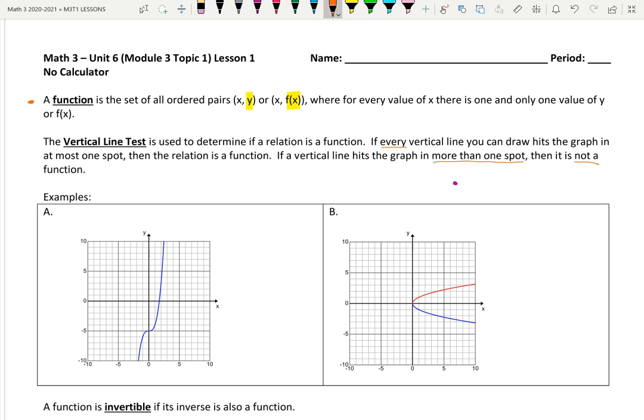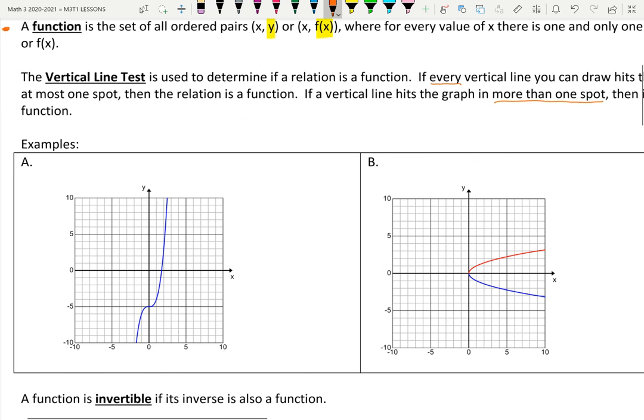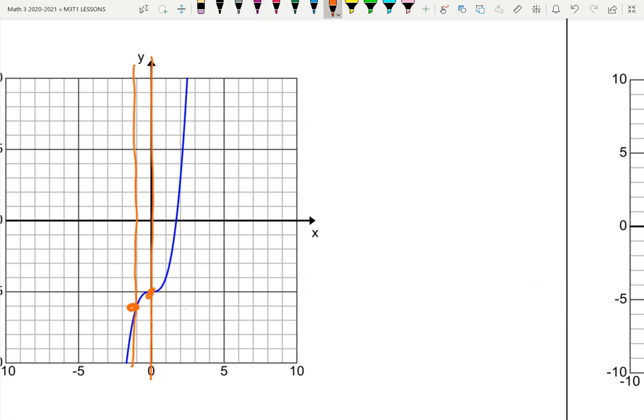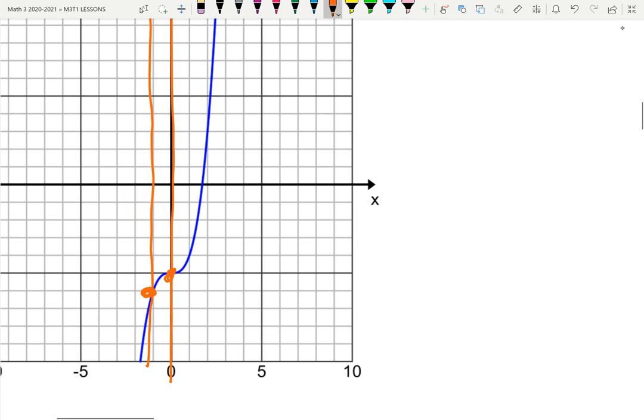So for the vertical line test, I am not given any information about A and B. For A, if I go ahead and draw some vertical lines, this first vertical line only goes through the graph one time. This second vertical line only goes through the graph one time. This third line, and so on.